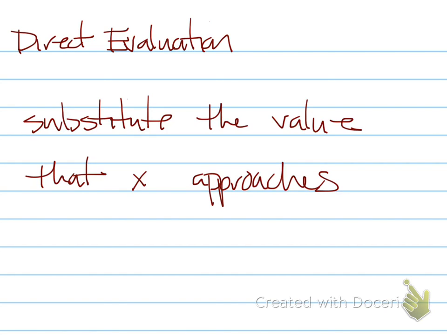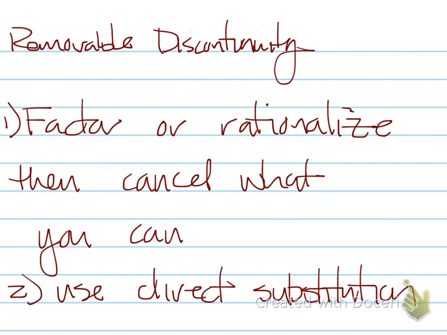You can directly evaluate a limit by substituting the value that the independent variable approaches directly into the function. There may be a discontinuity that exists, but it can be removed by factoring the polynomial in most cases.